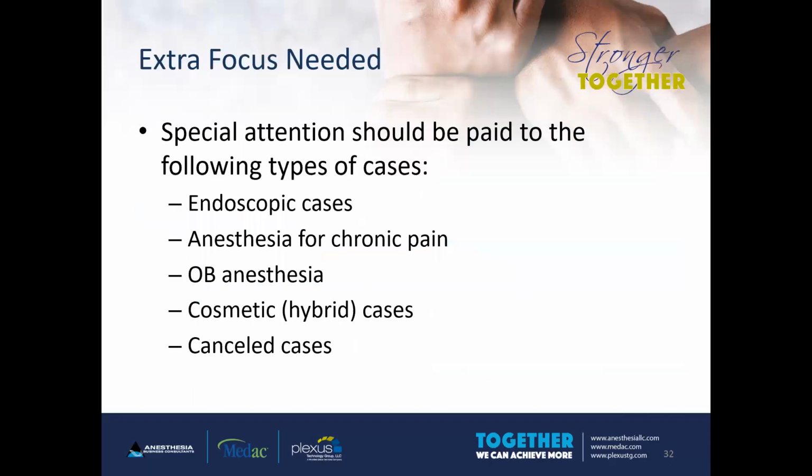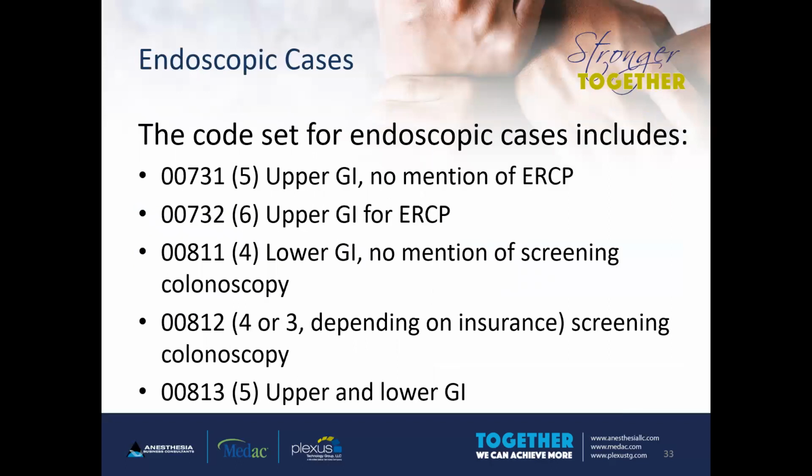Now, these are the kinds of cases that require even further attention to your documentation. So let's go through each of those in turn. For endoscopy, it could be anywhere from 3 to 6 base units, depending on what happened in the endoscopy session and which of the components you actually documented. The codes on the left are the endoscopy codes.